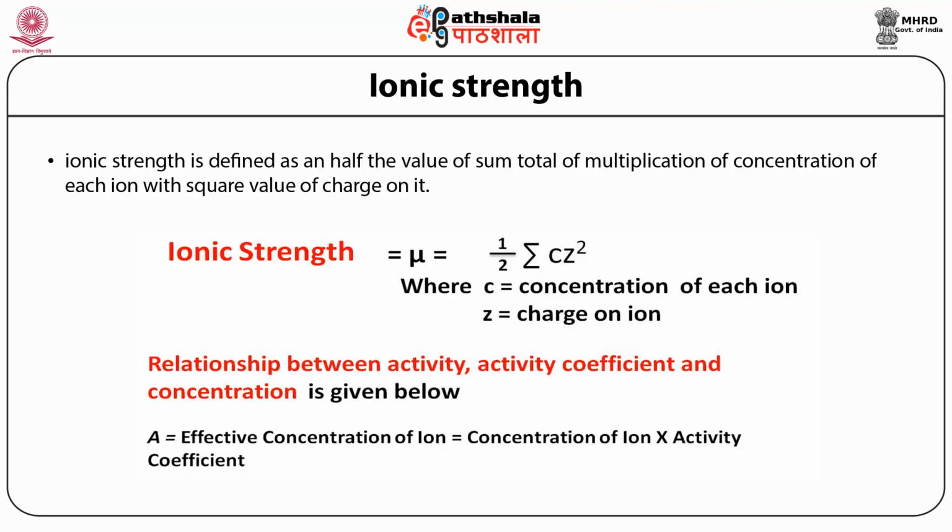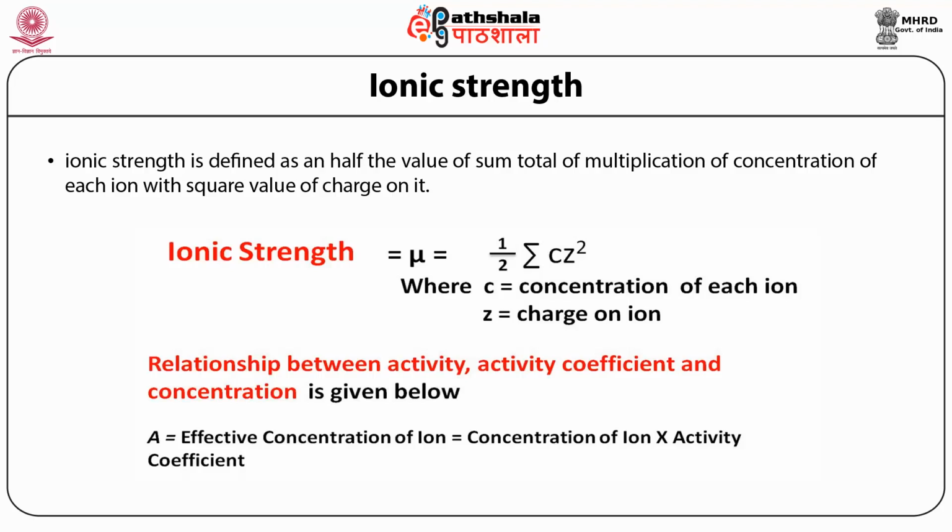So that means if a solution of sodium chloride is there, we have to take into account the concentration of sodium ion and the charge on sodium ion. We have to take into account the concentration of chloride ion and the charge on it. This is true when the salt is completely dissociated. So if you calculate the ionic strength of 1 molar sodium chloride, it will turn out to be 1.